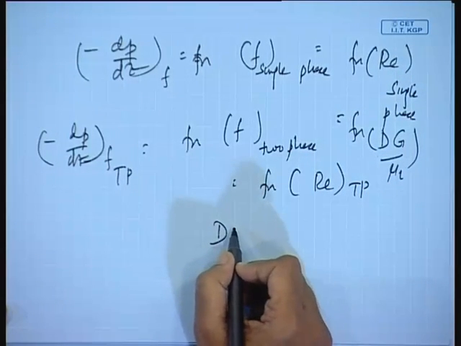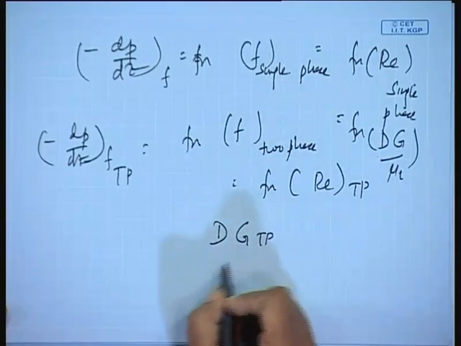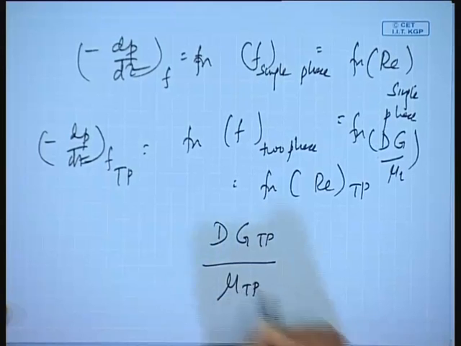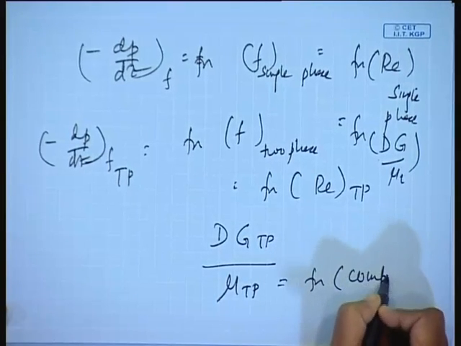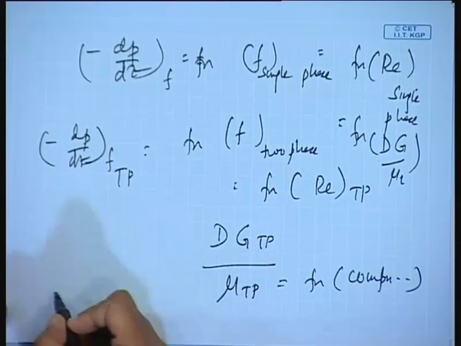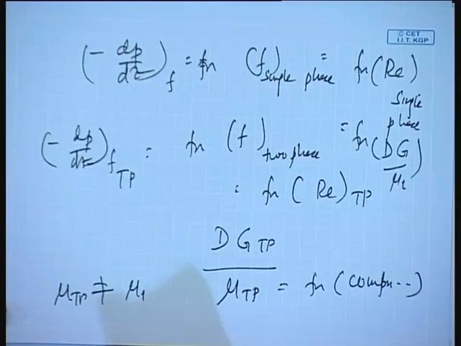In this particular case, D is fine, diameter of the pipe, G TP is also fine, the total flow rate, but this definitely has to be mu TP, isn't it? Where mu TP will be a function of composition and things like that. So, definitely mu TP can never be equal to mu 1 or mu L, whatever it is.